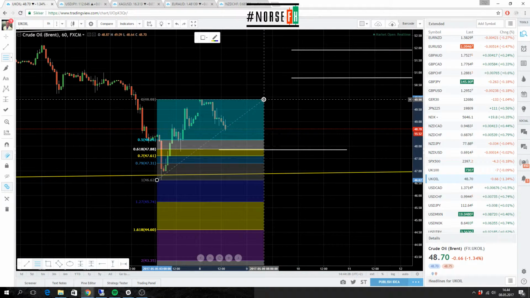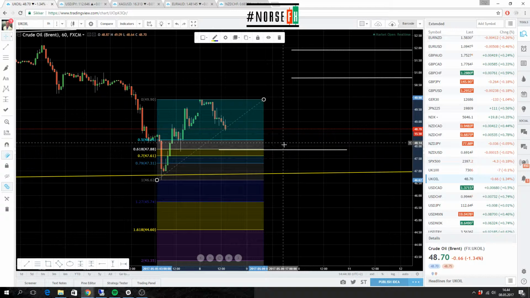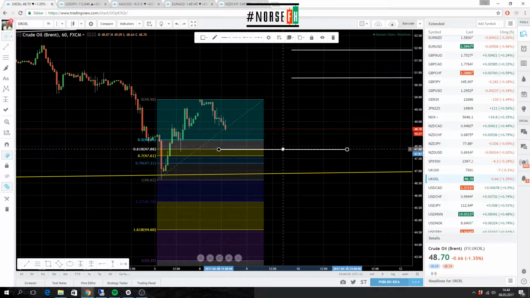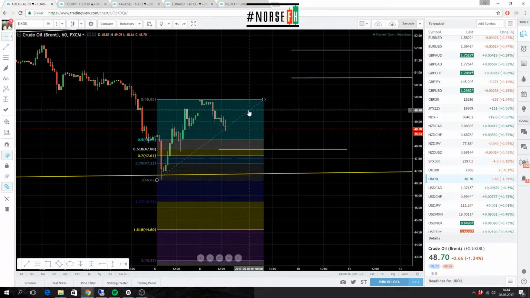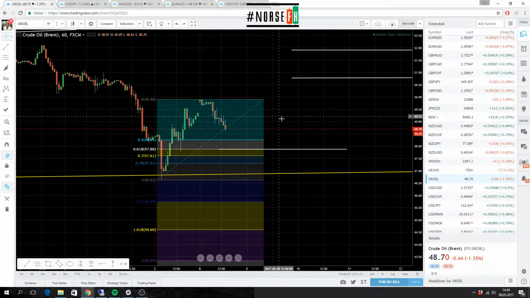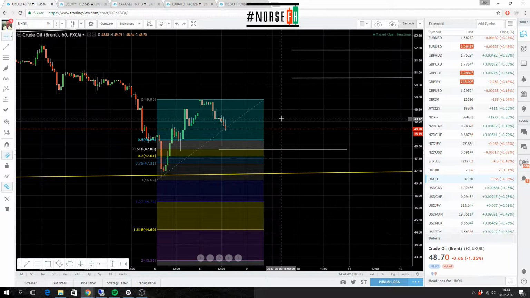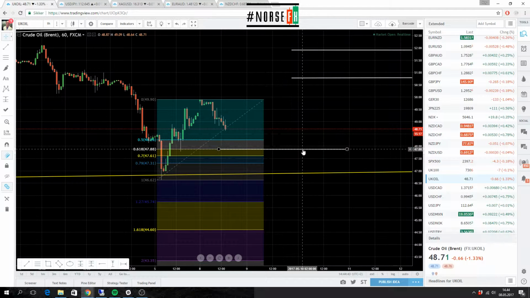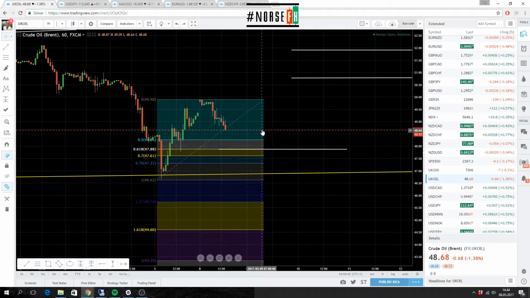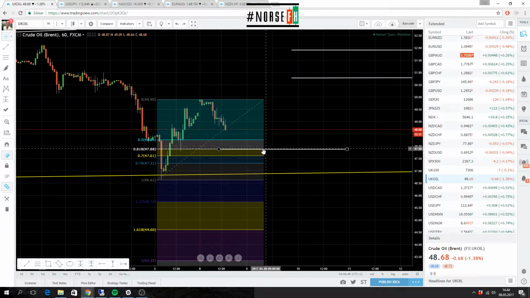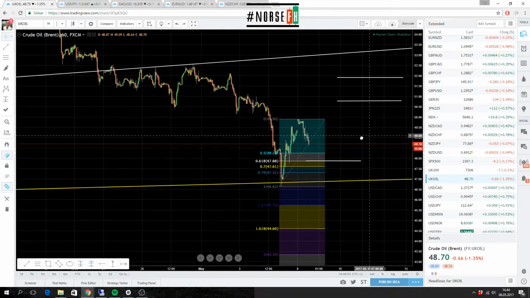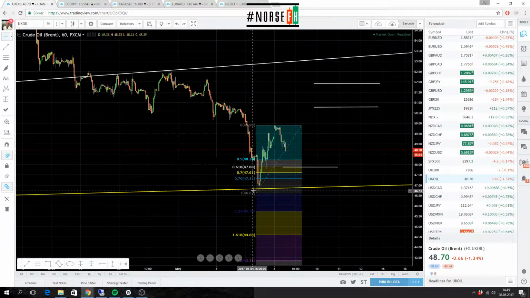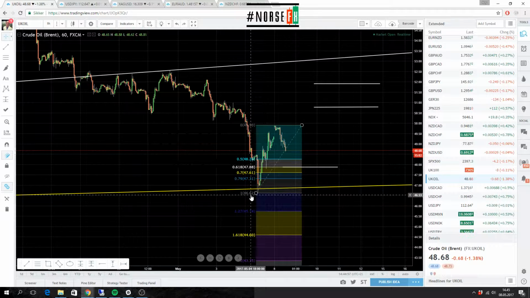The feed on your end might be different than mine, but the 618 of this move itself is the same on anyone, because my 618 comes in at 47.88, but your price feed might be different, but the 618 regardless is the same. I'm looking to buy. I'm keeping my risk below the current swing low.